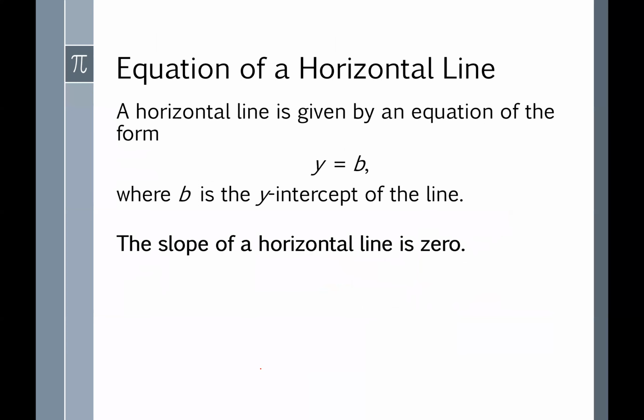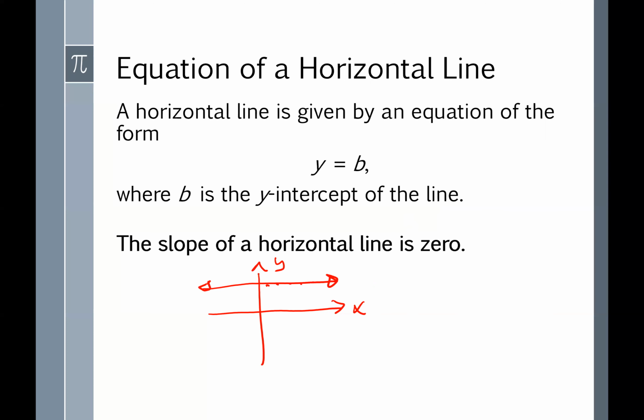Okay, so let's talk about two special equations of lines. The first equation of a line that's special, and I got my fingers quoting, is the equation of a horizontal line. If you think about a horizontal line, everywhere on that line, the y value is constant.